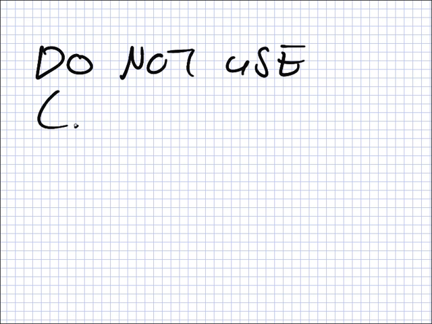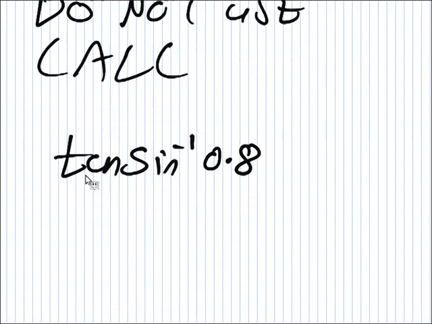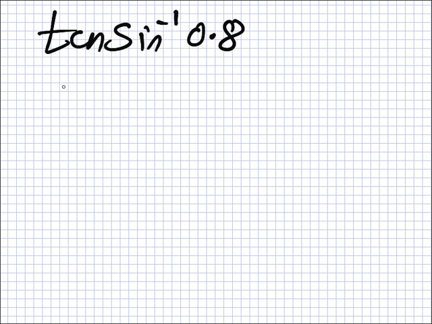Do not use a calculator for this one. Tan sine inverse 0.8. No calculator. So 0.8 is sine, not cosine.